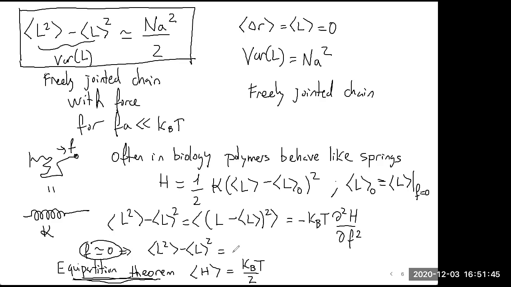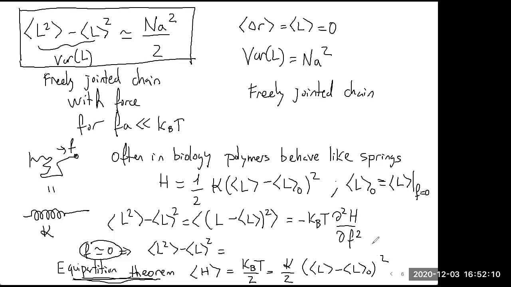Okay, so this means on one side we have kappa halves of (L - L0) squared. Actually, I think I made a mistake here.